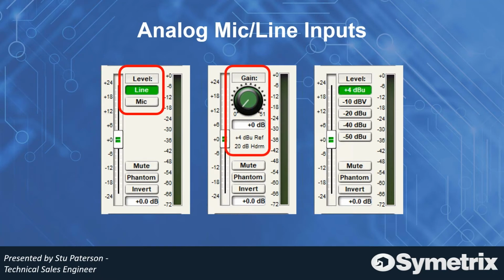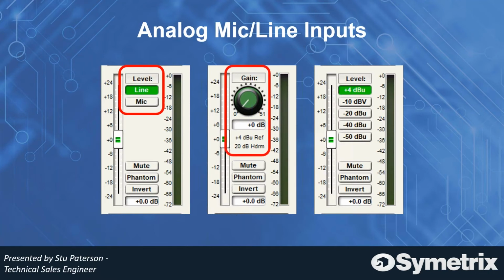Now, contrasted with that, and let me go backwards a little bit. This is analog. So this is analog gain here. So the level, gain, whichever one we say here, is analog.